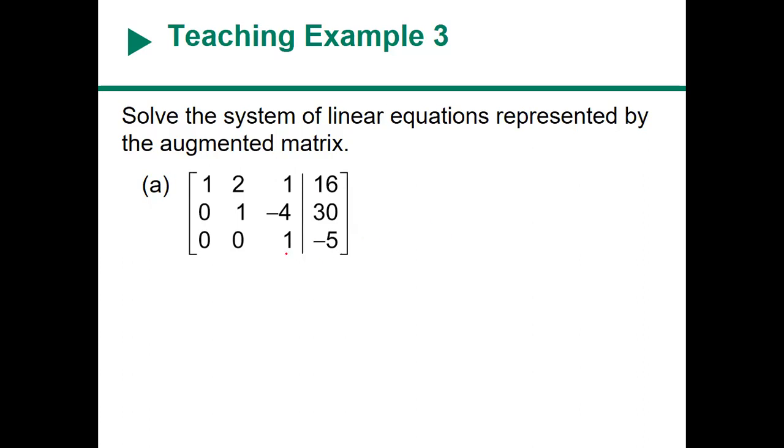So starting off here, I'm going to use my first equation, my third row of my matrix to write an equation. And that equation is, I know that Z equals -5. Agree?